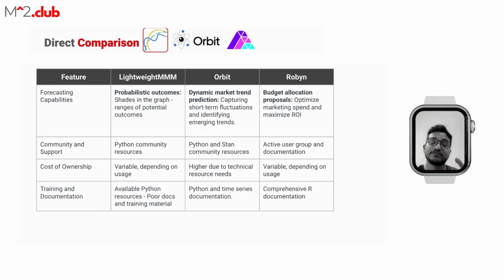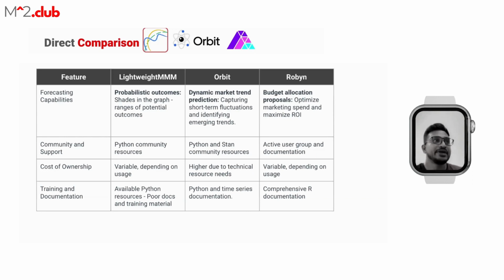When I introduced seasonality, it was predicting well in the test data set, right? So that is the main focus for the dynamic market; we can use Orbit very efficiently. And Robyn is a budget allocation proposal. When the data is very rich and we need to optimize marketing spend and get the maximum ROI, we can use Robyn for that, right?